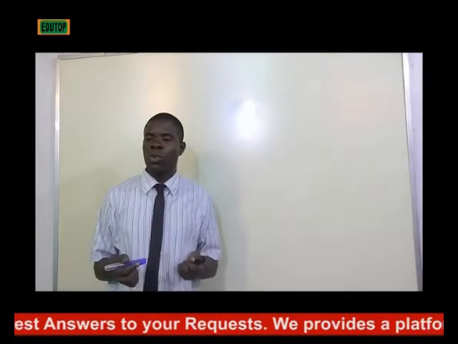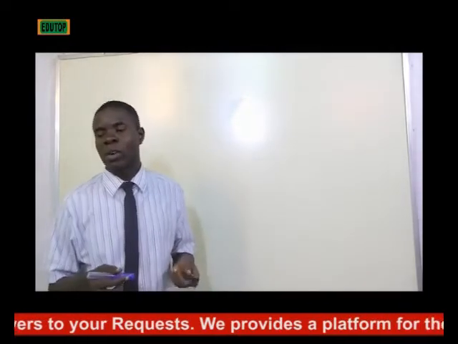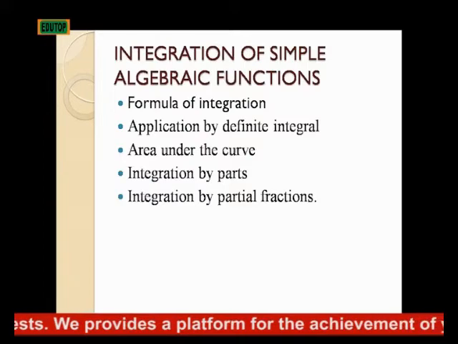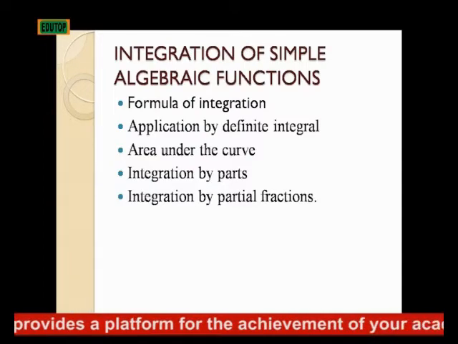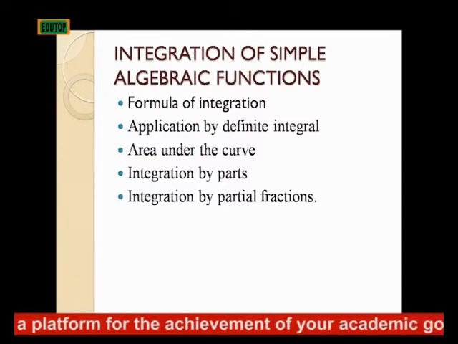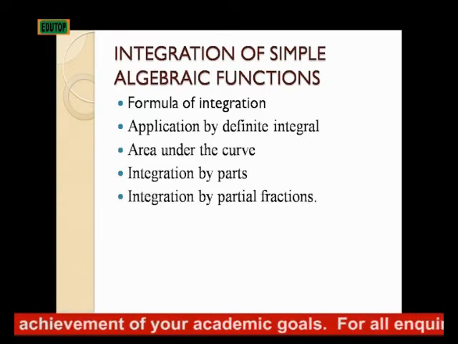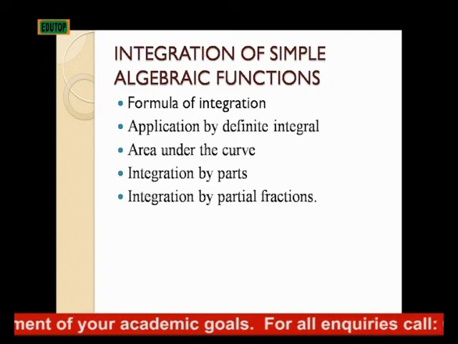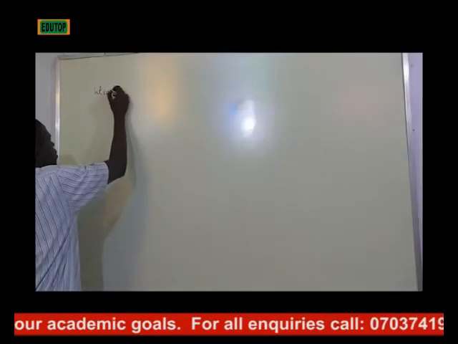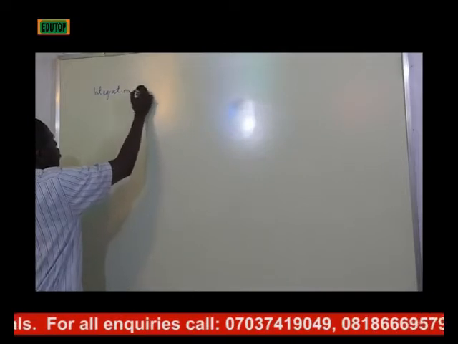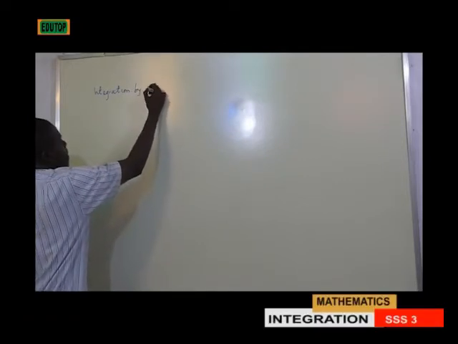Now, we have to talk about another important concept in integration, and that is integration by parts. Remember that earlier we talked about integration by substitution. Now, we have to talk about integration by parts, which is very, very important in integration.